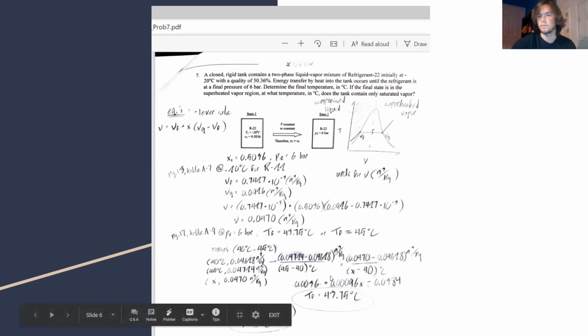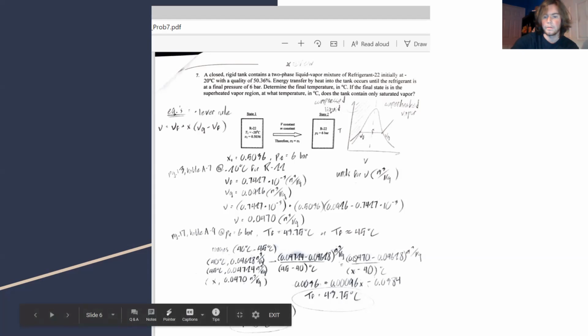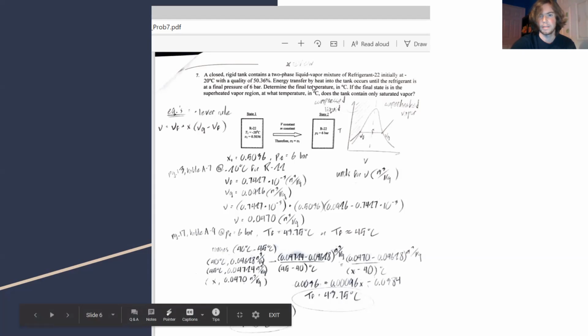If you don't understand the lever rule, basically it's saying the slope from here to here is equal to the slope from 40 degrees Celsius to whatever temperature we're looking for. You plug in your numbers all the way over here, and you get a final temperature of 43.75 degrees Celsius. That's the temperature in state 2. So that's the answer to the first question, determine the final temperature.